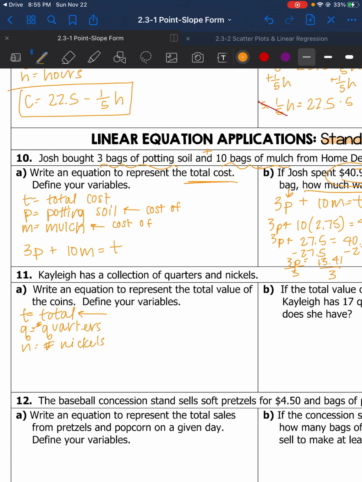We're talking about the total value, so money-wise. We know that quarters are 25 cents, so 0.25 per quarter, plus nickels are 5 cents, so 0.05 times the number of nickels. That will give you your total here.